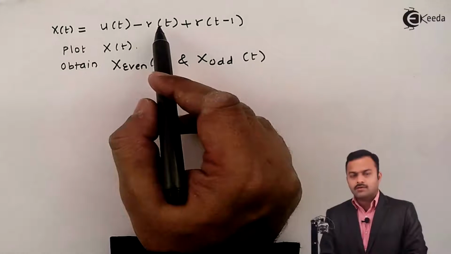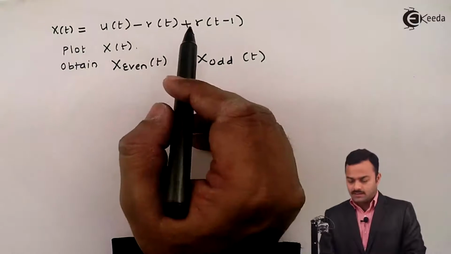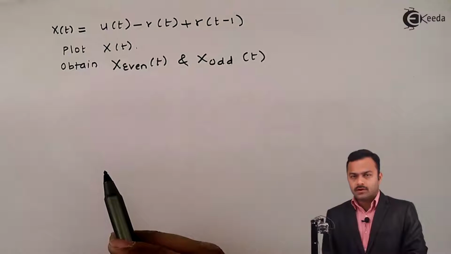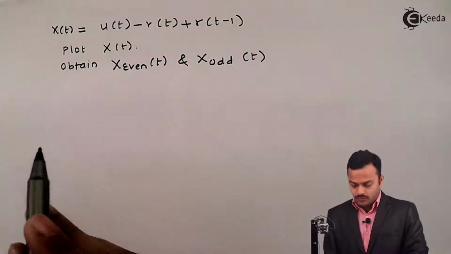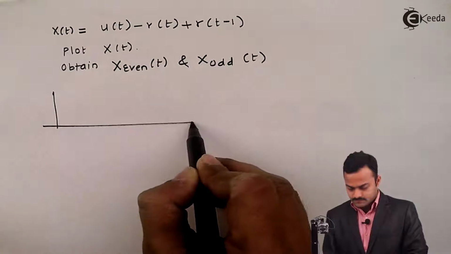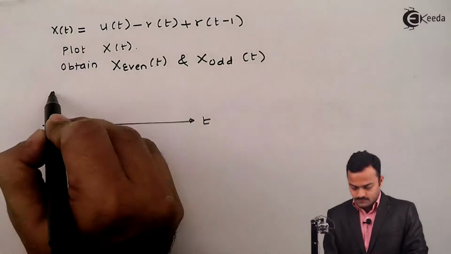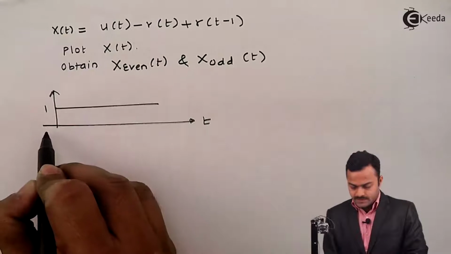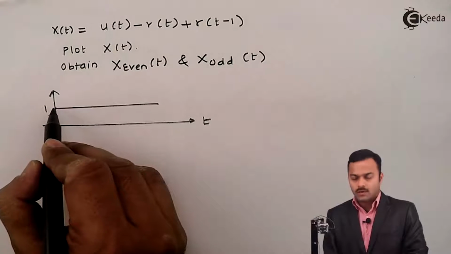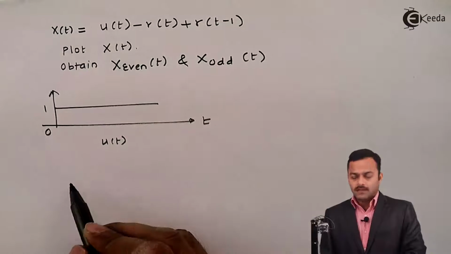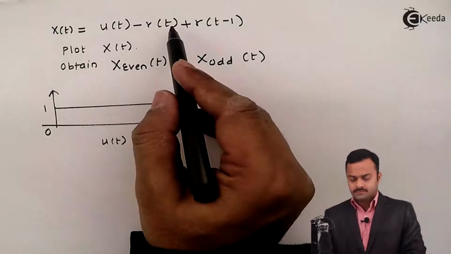It's an addition of three signals, rather you can consider an algebraic sum of three equations. So the three standard signals are u of t, which is like this. It's a unit step function, hence the magnitude is 1. Then we have r of t.